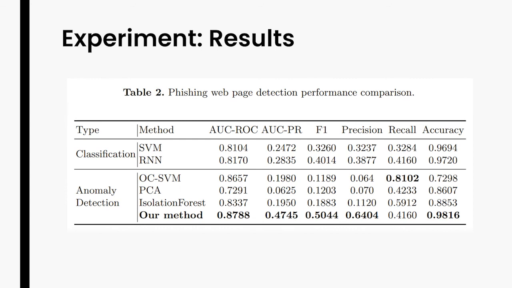The better performance of our method compared with the supervised classification-based methods demonstrates that our semi-supervised anomaly detection approach can utilize the labeled training data more effectively. Also notice that the unsupervised anomaly detection-based methods have significantly worse detection accuracy than supervised classification-based methods, but our method achieves better performance than supervised methods.